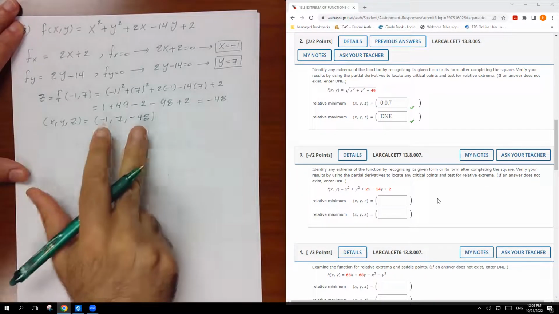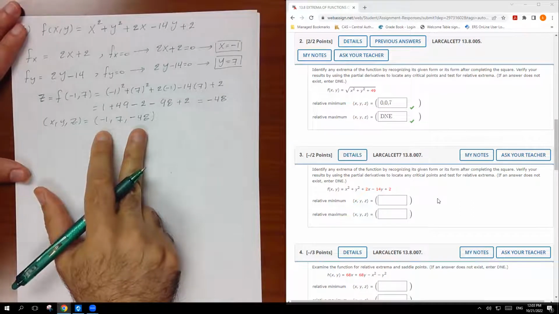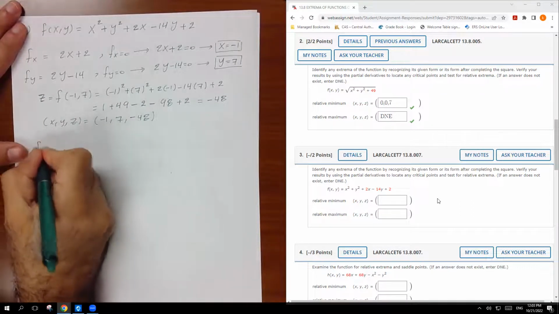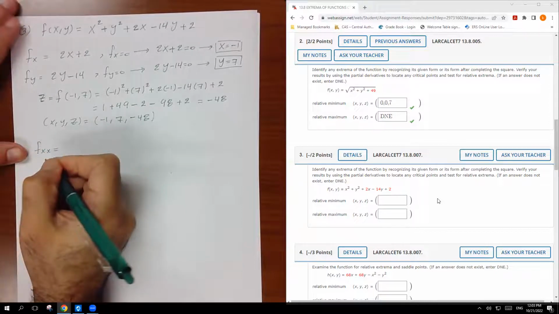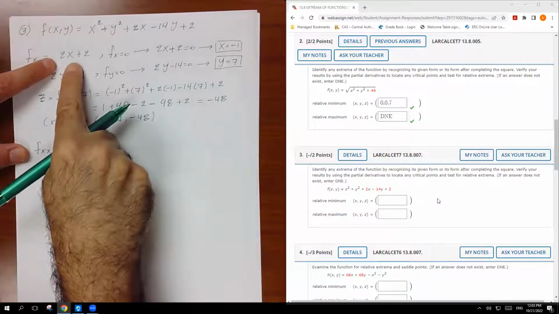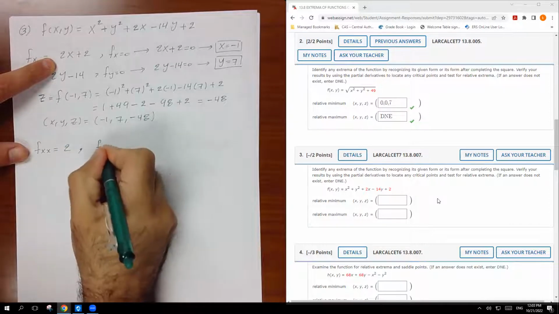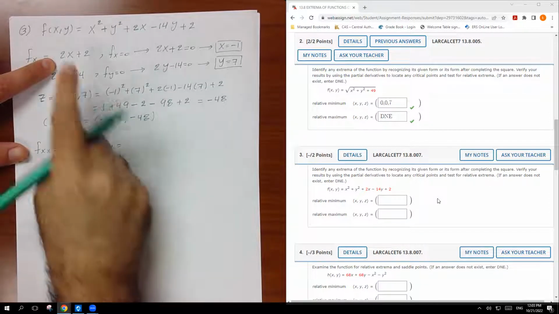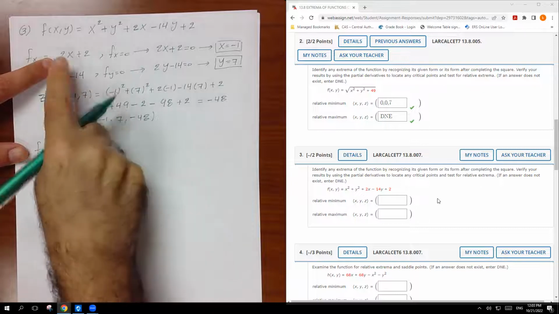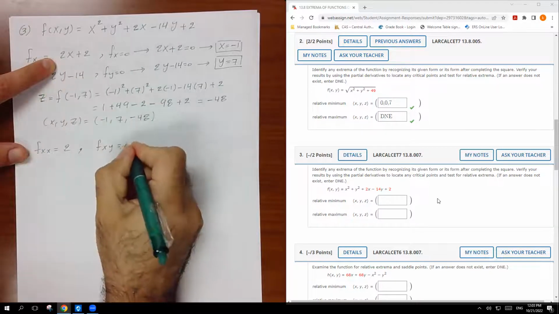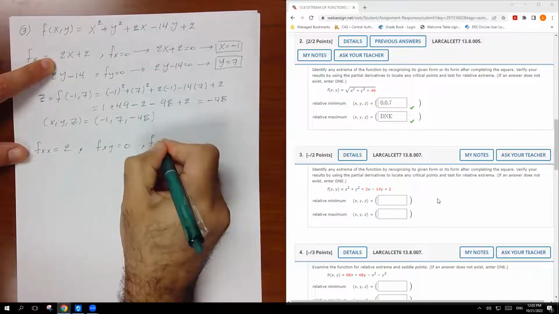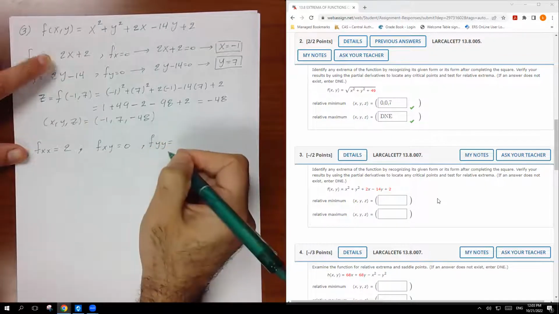Now I need to check whether this critical point is a maximum or minimum. So I'm going to find f sub xx, which is going to be 2. For f sub xy, I take the derivative of f sub x with respect to y, which is 0. And f sub yy is going to be 2.